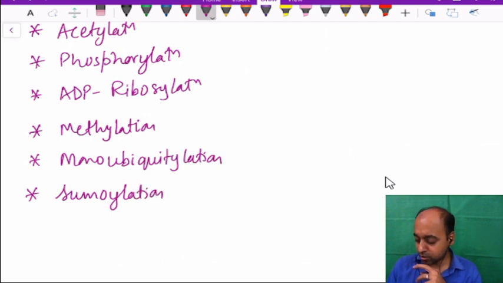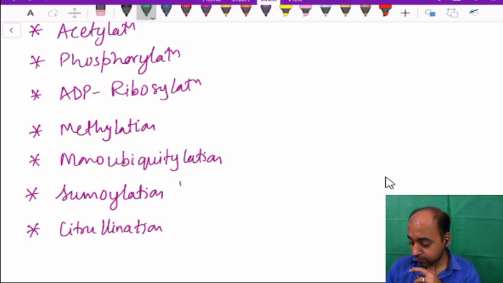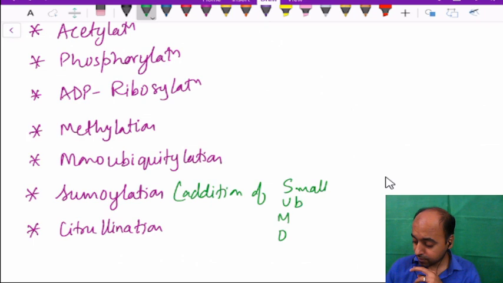Addition of SUMO protein is called sumoylation, and lastly we have what is known as citrullination. SUMO stands for small ubiquitin related modifiers.